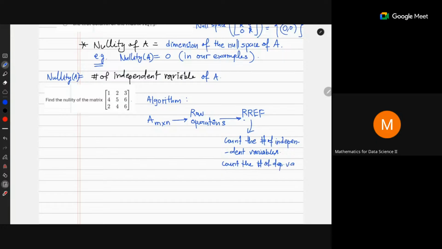The number of independent variables corresponds to the nullity, and the number of dependent variables corresponds to the rank of the matrix. All right, so this is the process. These are the steps that you need to take while solving such kinds of questions. So let's do this example.